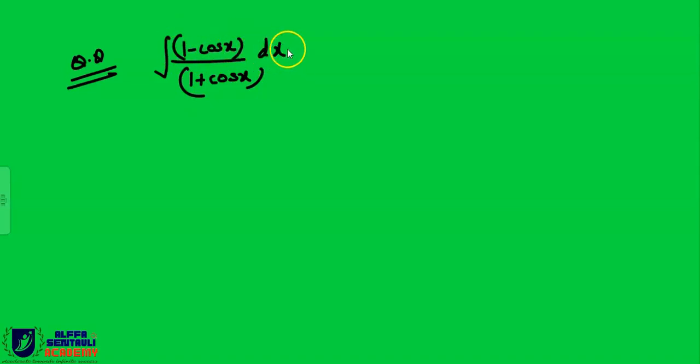Question number 8. How will we solve this question number 8? The integral of (1 minus cos x) divided by (1 plus cos x) dx. So how will we solve this question, beta?